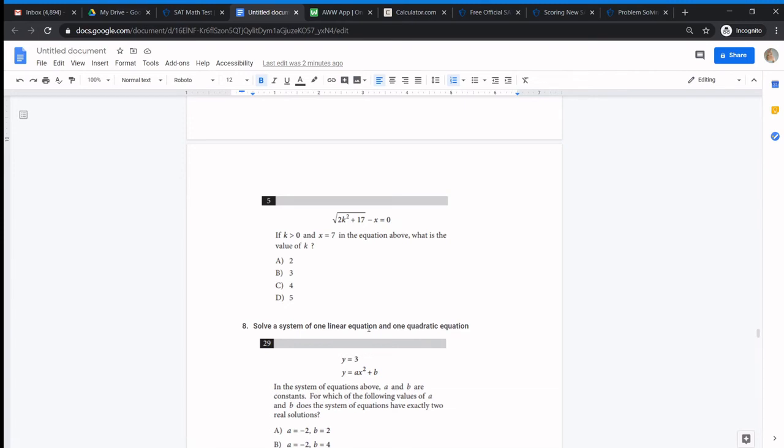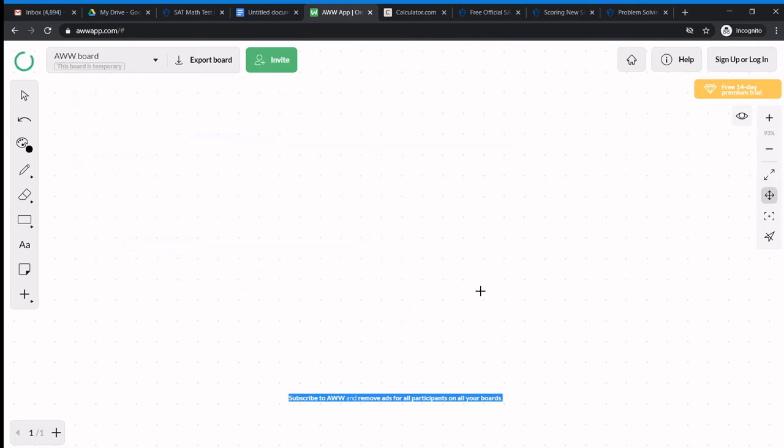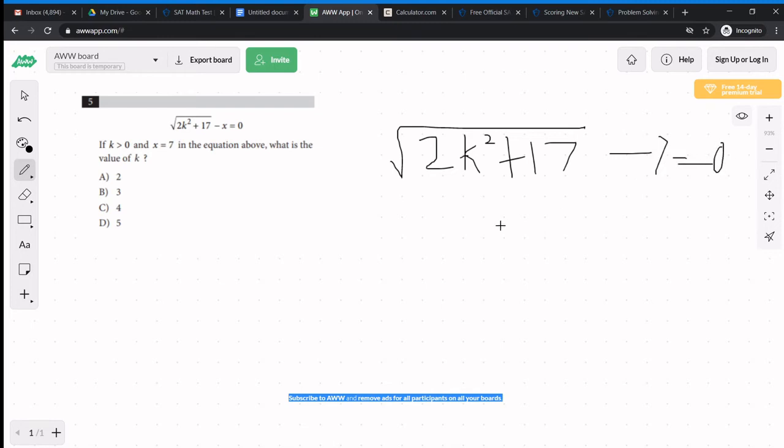And now we'll deal with the radical. Alright, so we have square root of 2k squared plus 17 minus, and we know x is 7, so let's just plug that in, equals 0.